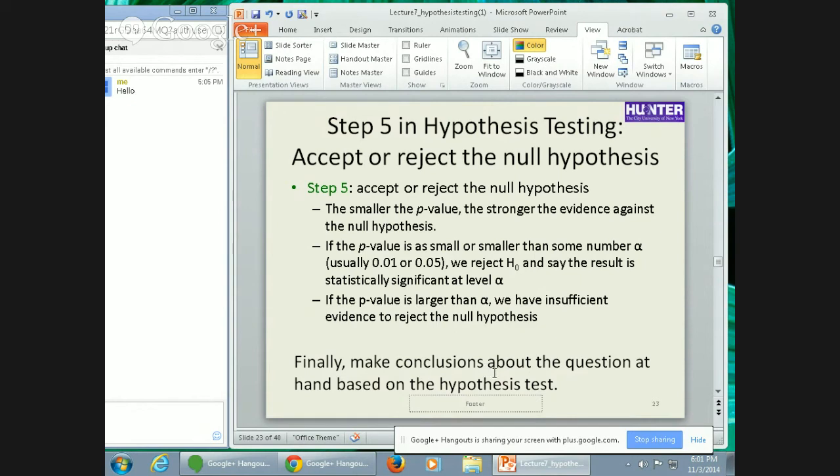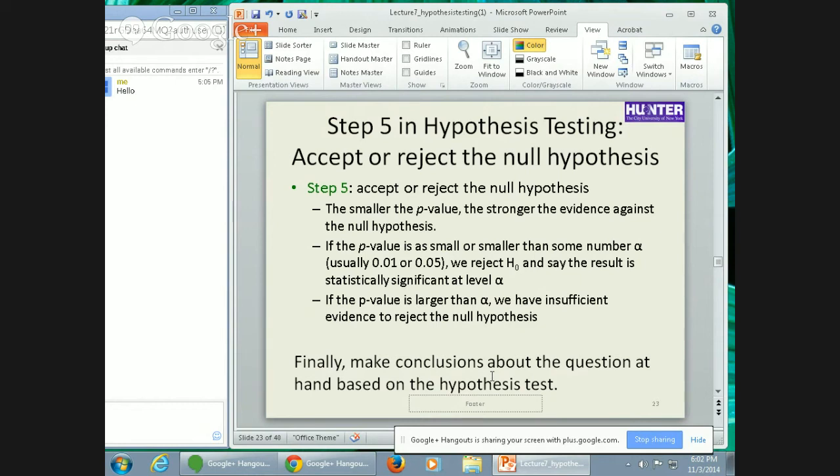Yes, question? I'm sorry if you have already discussed this, but how do you determine what alpha is ahead of time? I know that it's just the value you're saying that you're finding your statistical value is relevant or not, but how do you? So how do you determine alpha? It's really a subjective decision.